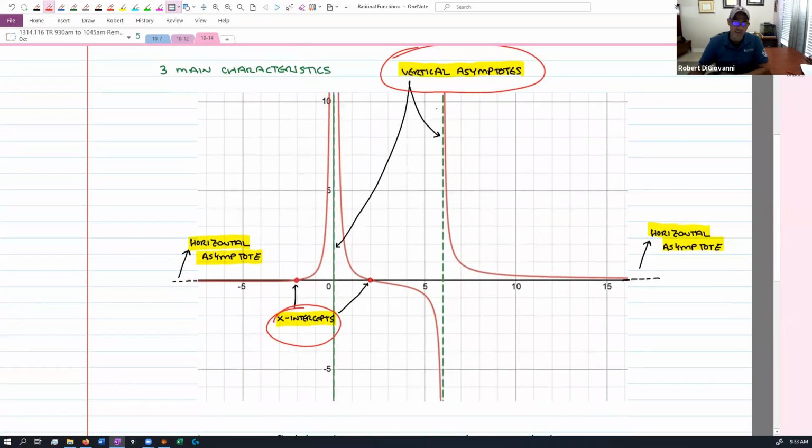And then the last, what's going to turn out to be the most challenging part of this, is to figure out what is called the horizontal asymptote. Now, I have it listed here twice on this picture. The horizontal asymptote is like the idea that on a long enough timeline, everything drops to zero.